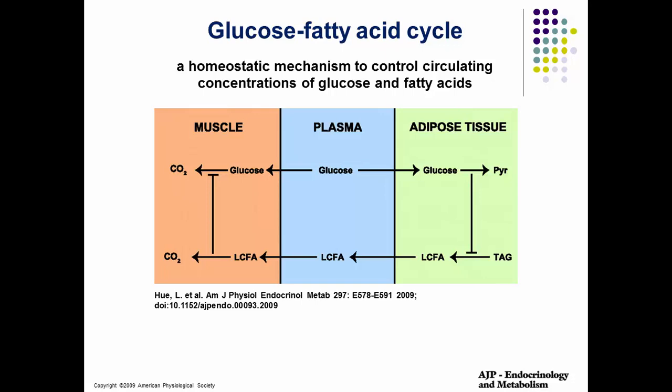This glucose utilization will inhibit lipolysis, inhibiting the release of fatty acids in the fed condition. And in the fasting condition, for example, when fatty acid levels increase, primarily released from adipose tissue and picked up by muscle, muscle utilization of fatty acids increases, which then inhibits glucose utilization in the muscle, right?